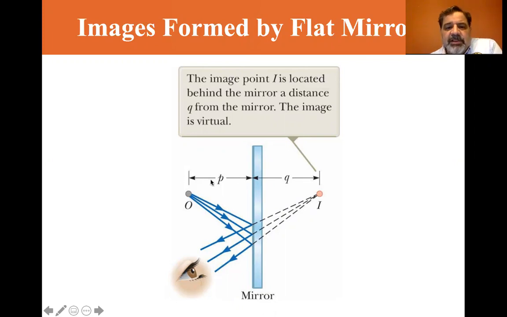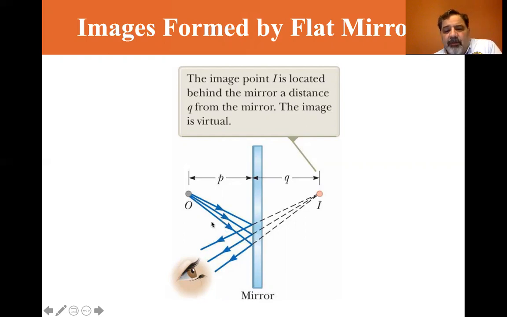And notice the distance here, P, that's the object distance. Q, this is the image distance. Whatever you have, the object, the rays, we use ray analysis to look at these images. The rays diverge from this point here, the object, and using the laws of reflection, they bounce off.